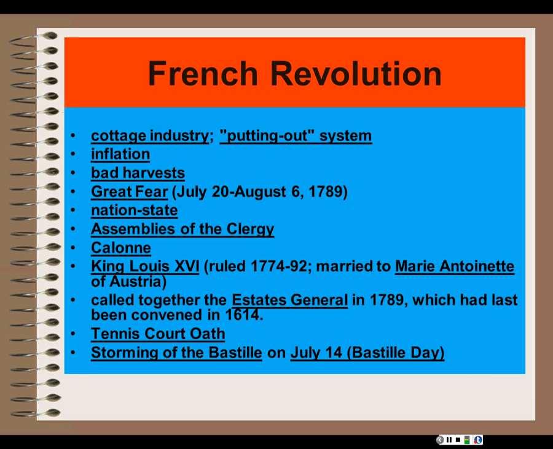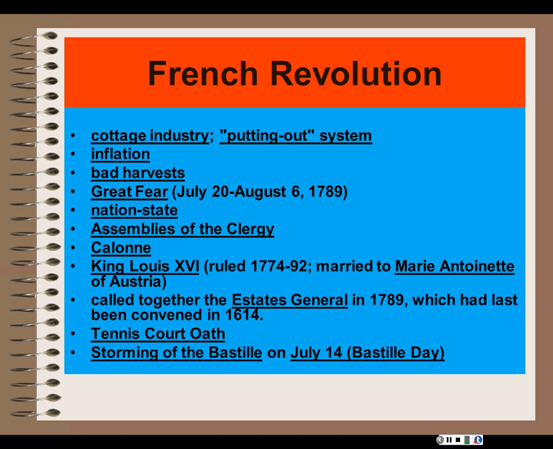So wages were low, and peasants began to feel that there was an aristocratic plot to literally starve them. It was a paranoia. It was the so-called Great Fear of July and August 1789, in which many rural peasants armed themselves, and there were frequent revolts.